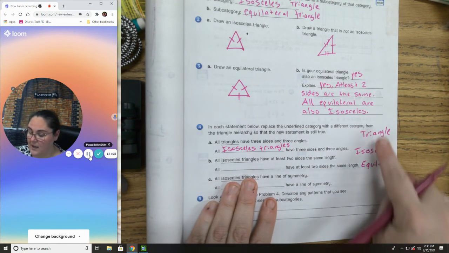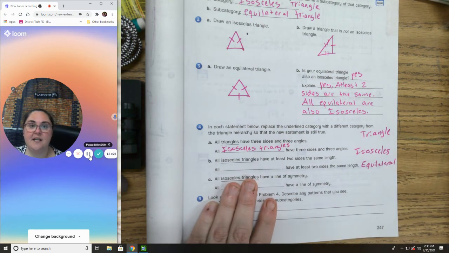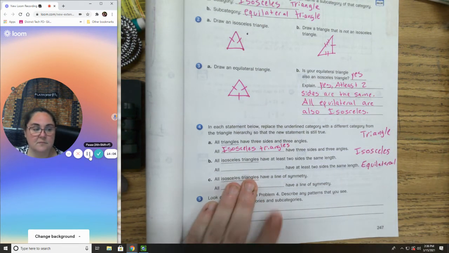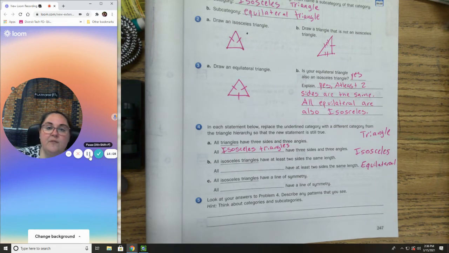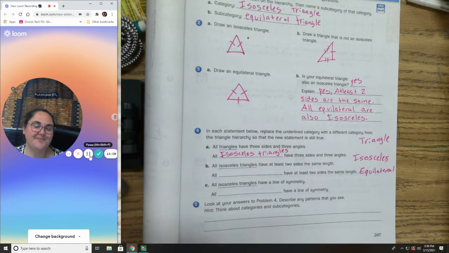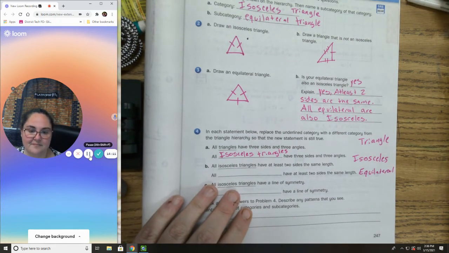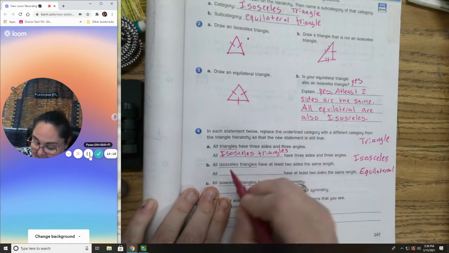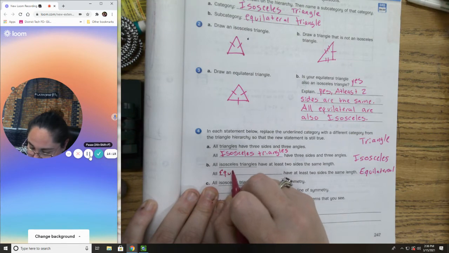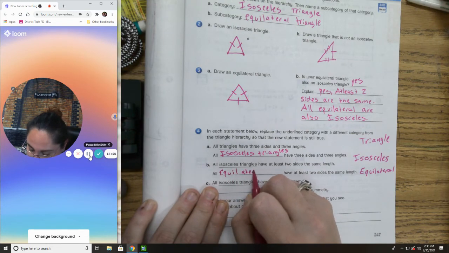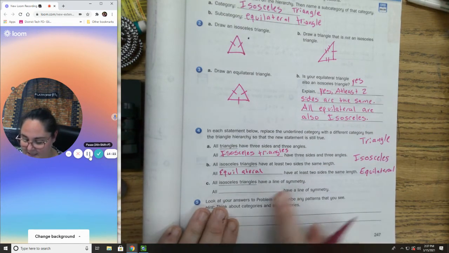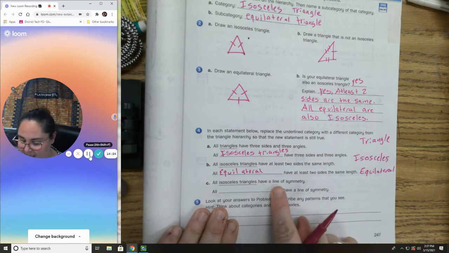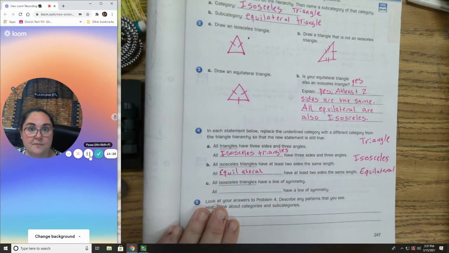Okay, which other one has 2 sides that are the same length? Which one do you think would go in number 4B? The equilateral has to have at least 2 sides. It says all isosceles triangles have a line of symmetry. True.